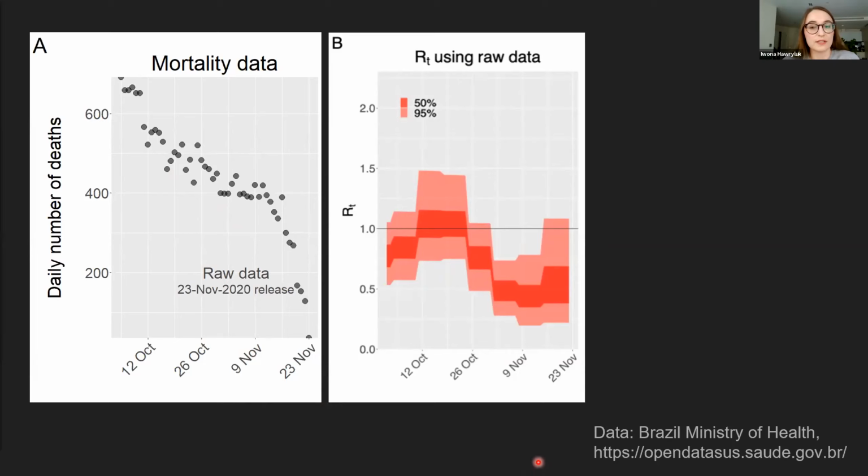We can use this data to estimate the reproduction number R, which tells you whether the epidemic is increasing if R is over 1, or decreasing if R is below 1. Here on the right, we show the estimated R with 50 and 95% credible intervals. You can see that R appears likely to be below 1. The numbers of deaths seem to be decreasing, and so the epidemic seems to be under control.